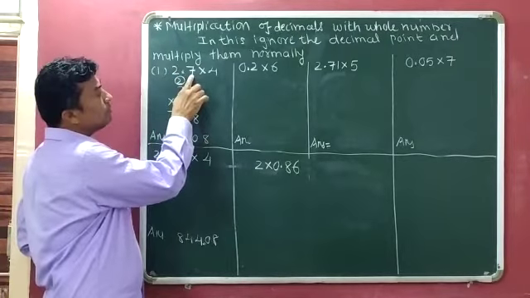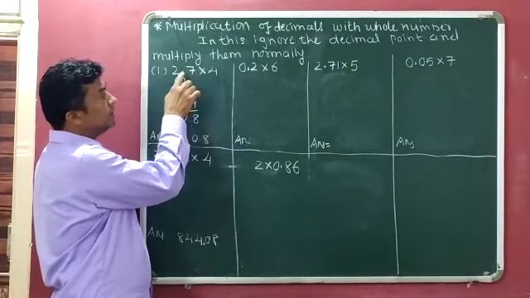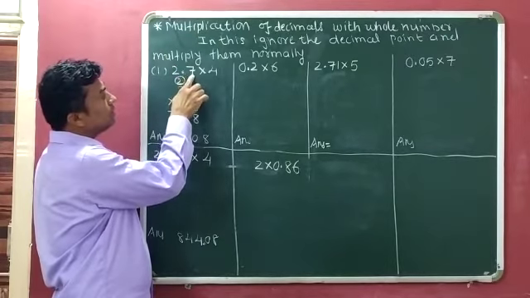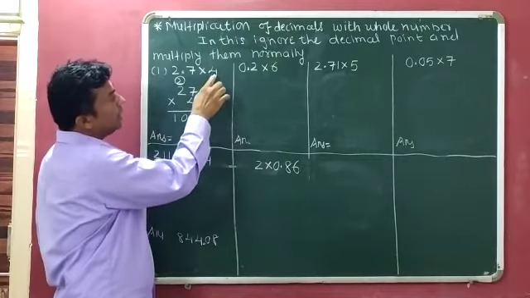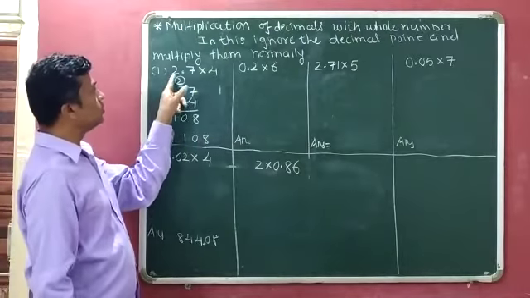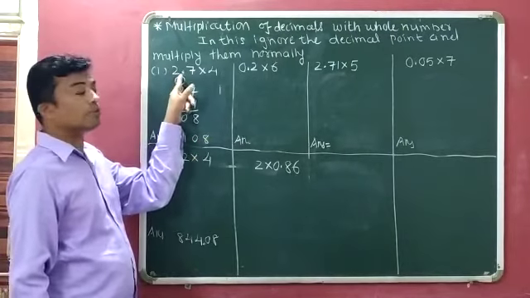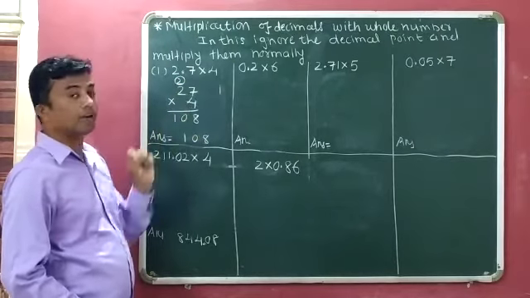After the decimal point, only one digit is available and it is 7. And 4 is a whole number, so there is no decimal point. So we can write 1.